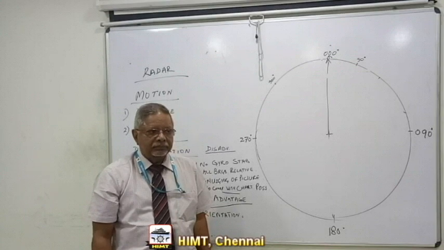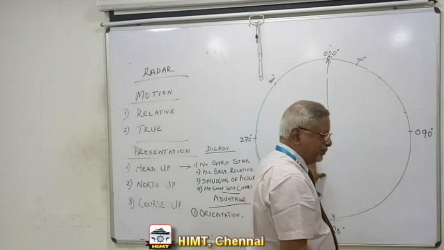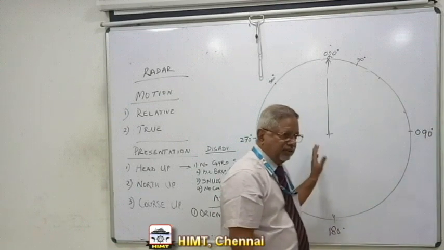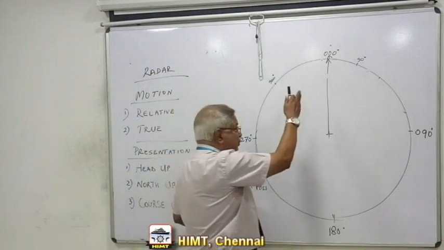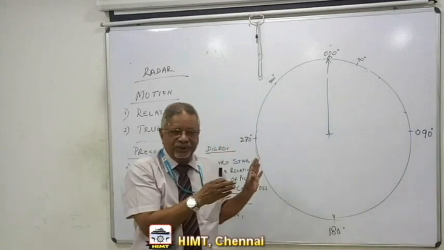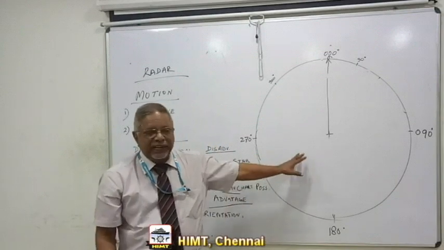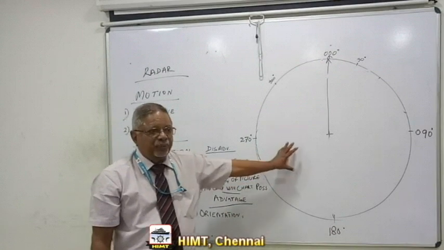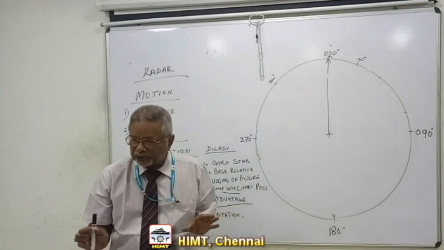If true north is here, it will show true north 000 degrees here, irrespective of the ship's course. So obviously this PPI now represents the compass rose. 000 is north, 090 is east, then south, west, etc.